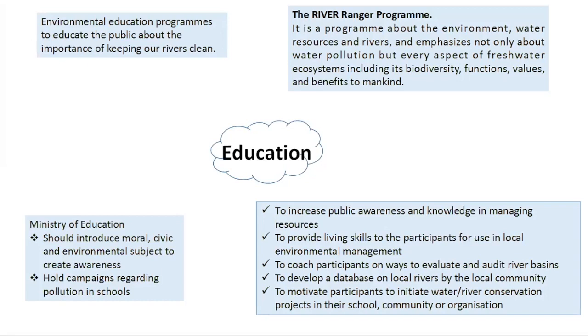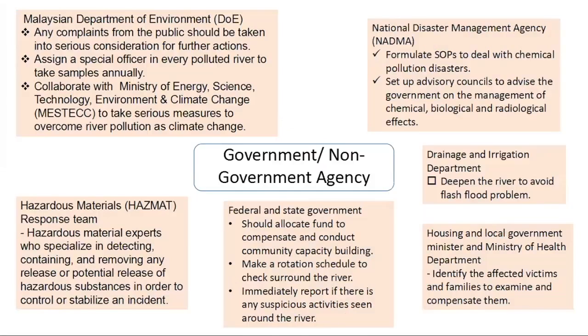We can also collaborate with the Ministry of Education to introduce a moral, civic or environmental subject to create awareness among students, and also hold campaigns regarding pollution in schools. From the government and non-government agencies, we can collaborate with them, such as the Department of Environment, DOE for short, where any complaint from the public should be taken into serious consideration for further action.